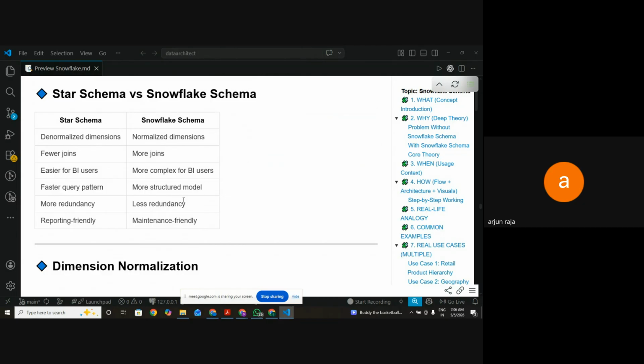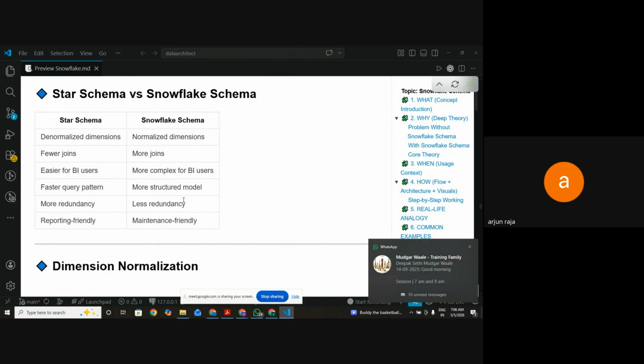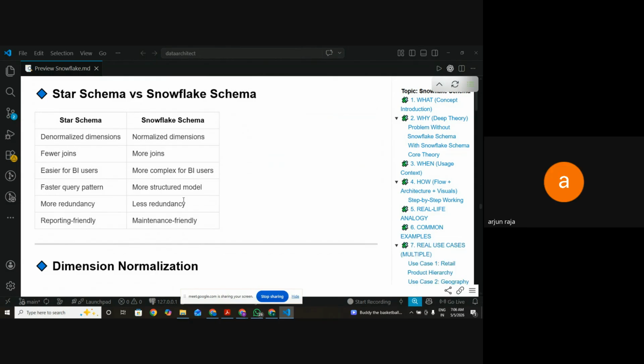Star schema is easier for the BI user, but more complex for the Snowflake BI user. Why? Easier for the business user because they are going to refer to only a few tables, since everything is there and the denormalization works there, which we discussed earlier. Query performance is faster in star schema, and the Snowflake model is more structured.